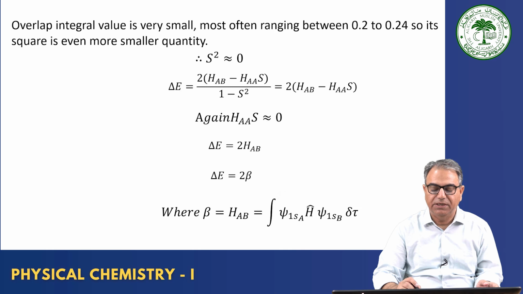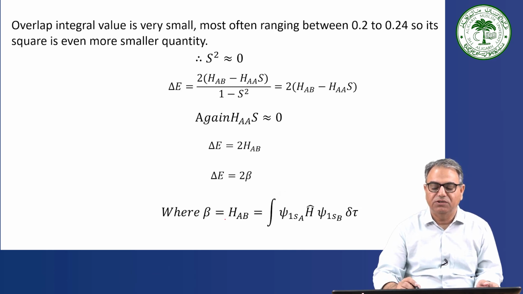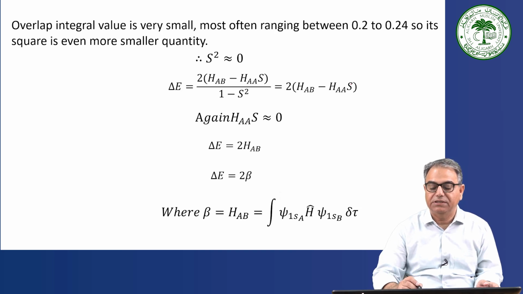We just approximate it, and it's all approximation because we are doing variation treatment. So approximately S square becomes 0, and HA into S will also be 0, because you are multiplying HA with S. S is a very small value, so we suppose HA S is also a small value.